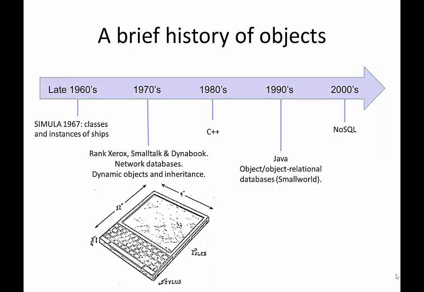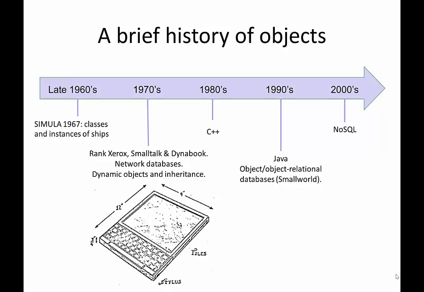In the early 70s, we started to get the first practical implementations of the object model. The first programming language was called Smalltalk, and it was developed by Xerox, I believe in Menlo Park in California, where lots of things happened. This was a programming language, Smalltalk, that was designed to run on an imaginary or planned machine, which would have been the first notebook laptop computer, called the Dynabook.